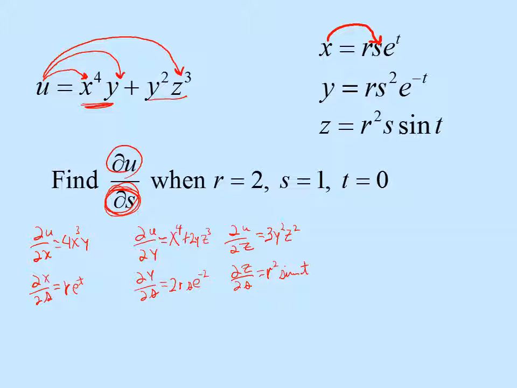Okay, so again, the partial of u with respect to x times the partial of x with respect to s is like the two x's canceling, and we get u and s.